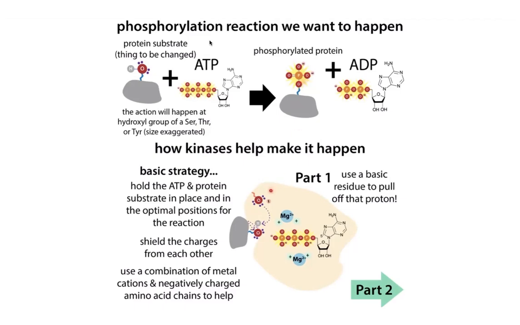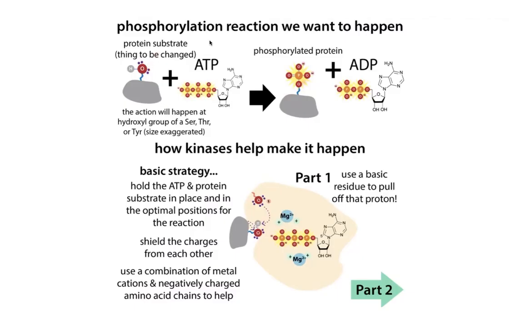In this case, it's the protein itself that's actually going to have to act as a nucleophile and attack the ATP. The job of the enzyme is to make it easier for that hydroxyl group on that serine or threonine or tyrosine to actually go and attack the ATP.